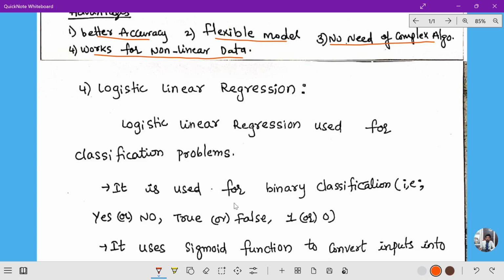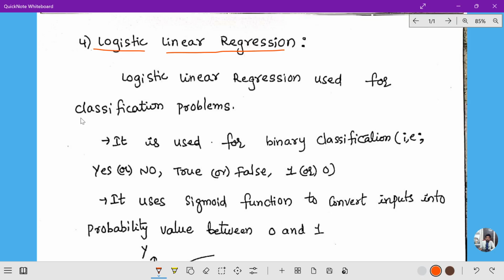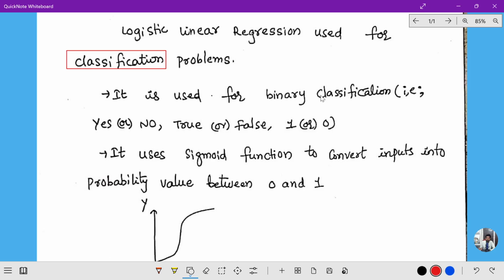The last one is logistic linear regression. Logistic regression is used for classification problems. It is used for binary classification, that is yes or no, true or false, or 1 or 0.